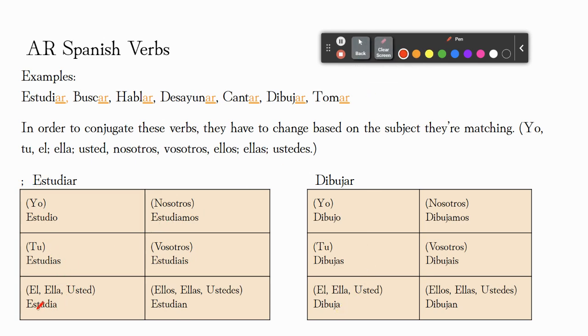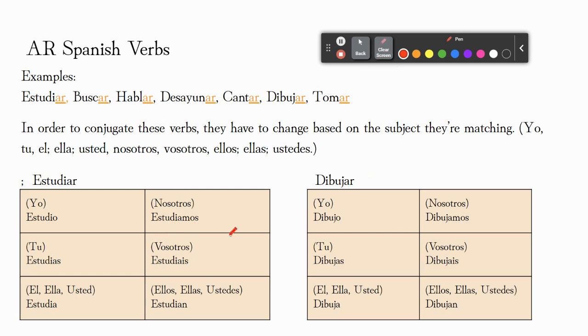For estudiar, it's él estudia, or for dibujar, él dibuja. For that form, it follows the exact same pattern, and will always end in just A. So, él busca, él habla, él desayuna, él canta, y él toma. Same thing for any AR verb.